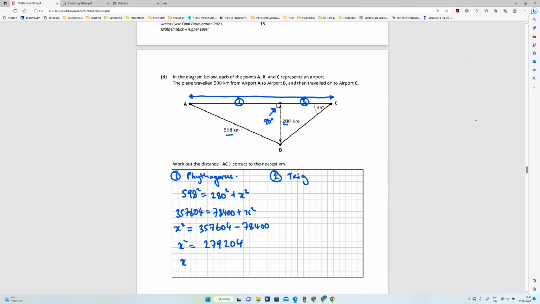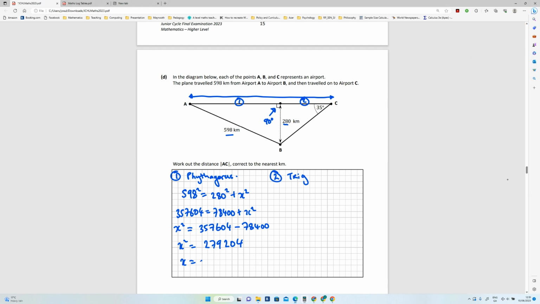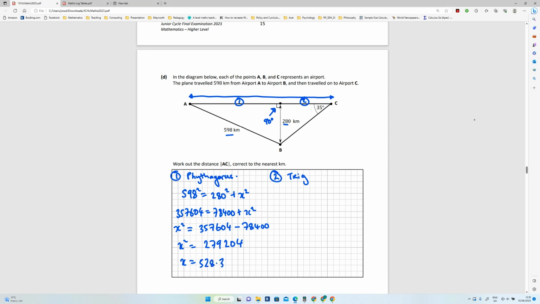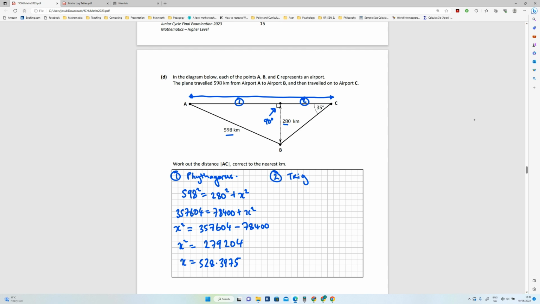So x is the square root of that. So if I say square root of my answer, I get 528 point what? 397. Okay, so that's part 1. I need to add these together at the end.